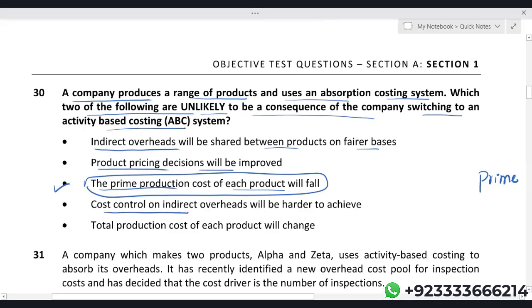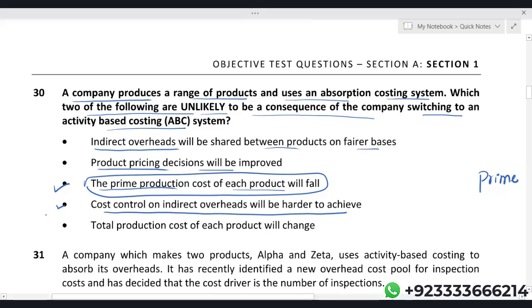Cost control on indirect overheads will be harder to achieve. No, actually, cost control on indirect overheads will not be harder. It will actually improve. I'm not saying it's good, it will become easier. Basically, it's going to be improved.